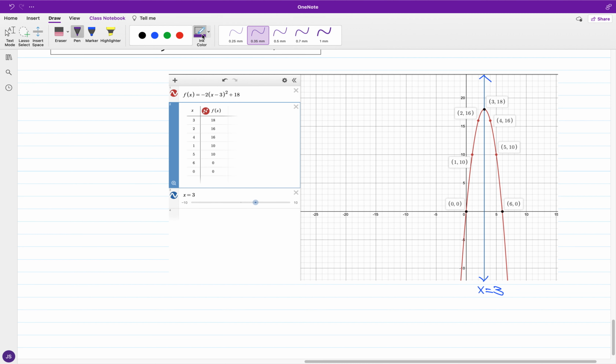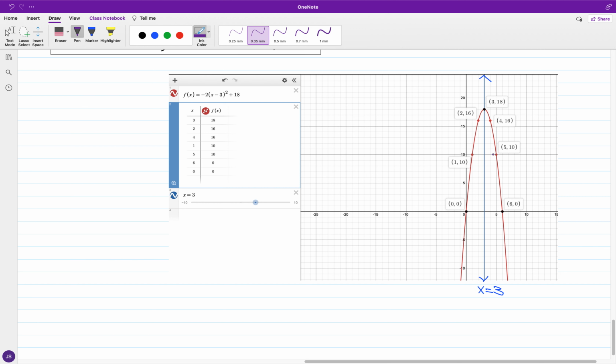And I just want to mention, for other points, if you were to go down the axis of symmetry, x is equal to 3, and go one place to the left and one place to the right and land on the graph of the quadratic function, I have (2, 16) and (4, 16).